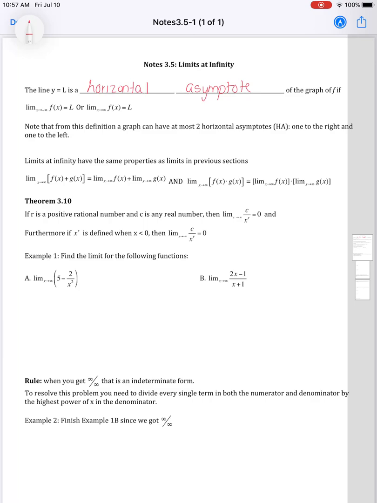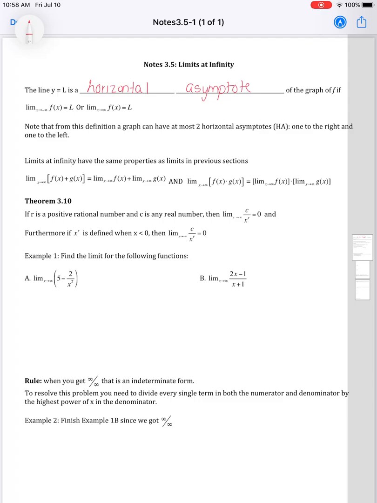It says if r is a positive rational number and c is any real number, then the limit as x approaches infinity or negative infinity of c, again c is a number, over a variable raised to any power is always equal to 0. So any constant over a variable, when you take the limit as it approaches infinity, you get a 0 for that value.